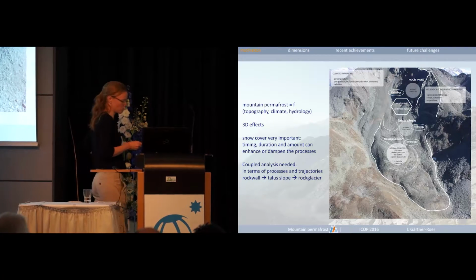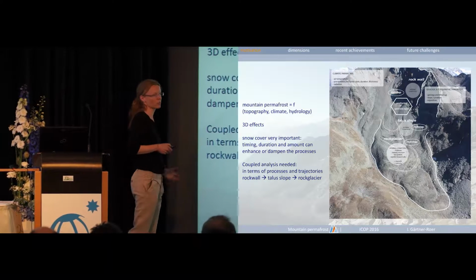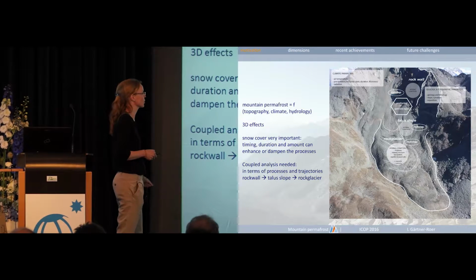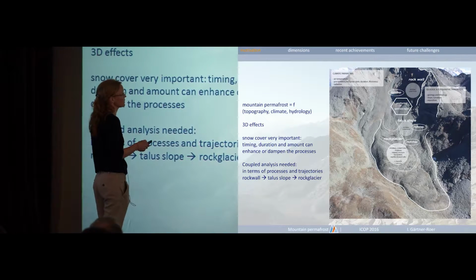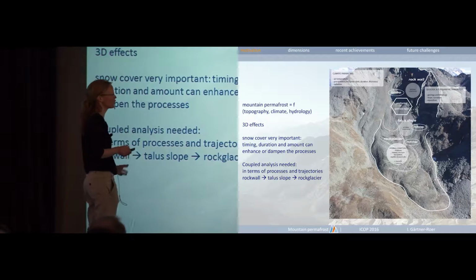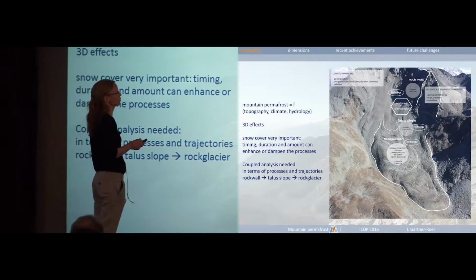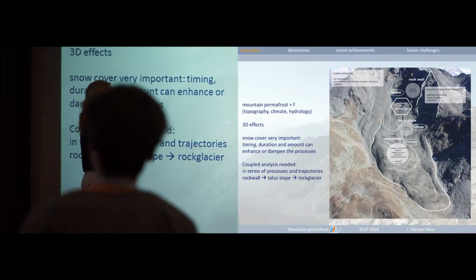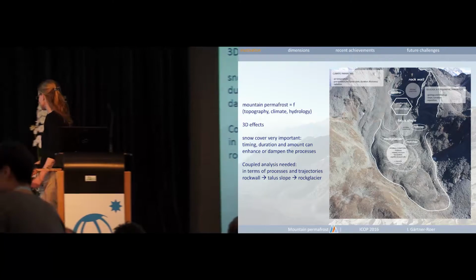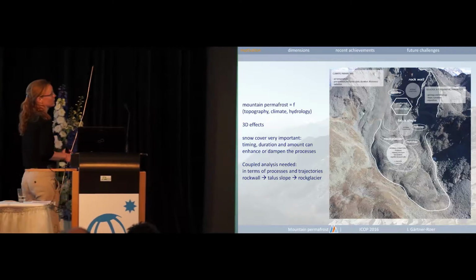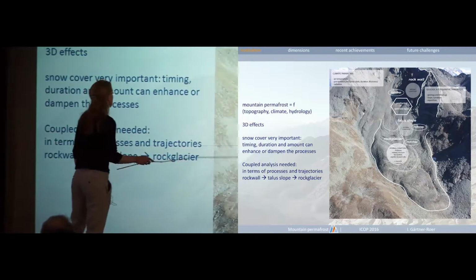To sum this up once again, mountain permafrost is a function of topography, of course the climate situation, and also hydrology. We have a lot of 3D effects, and you see here several landforms that should be analyzed in combination. So we should not only look at what is going on in the rock wall here, or on the rock glacier here, or the moraine situated below, but we should see the entire slope with the different characteristics.